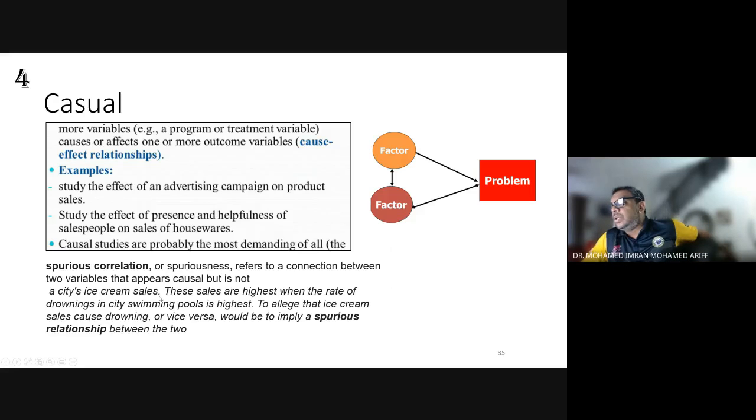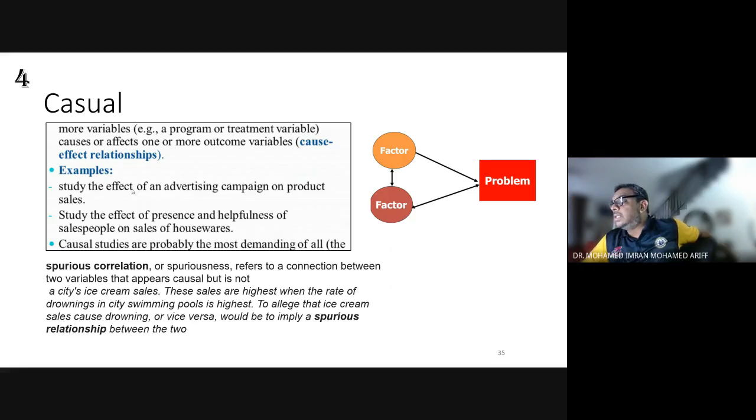Okay, ada something wrong. Mungkin sebenarnya orang makan ice cream masa cuaca panas, satu, dan orang pergi berenang, dua. Tapi bila orang pergi berenang, orang tenggelam. So tiba-tiba nampak macam bila ice cream itu tinggi, orang tenggelam itu tinggi.